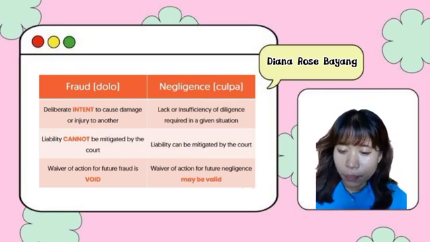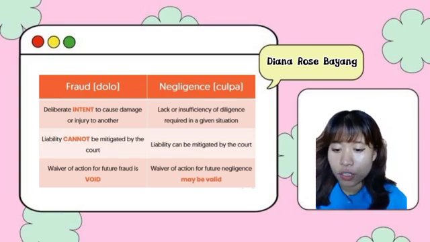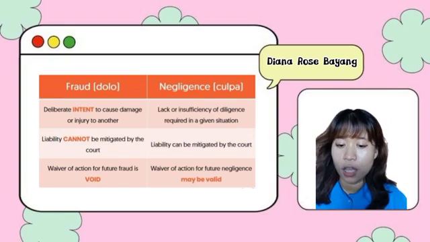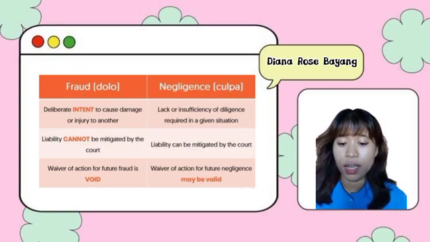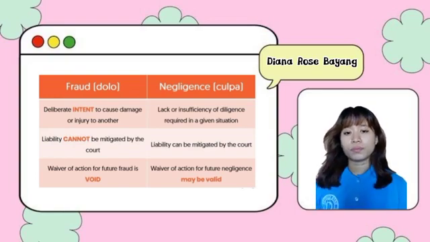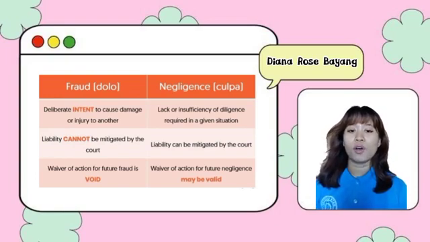And last is waiver. In fraud, waiver of action for future fraud is void, while in negligence, waiver of action for future negligence may be valid. So, waiver of action means isa-set aside mo yung right mo para kasuhan yung tao dahil may fraud siyang ginawa.